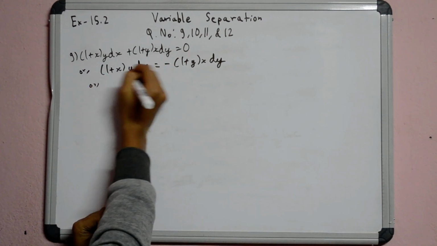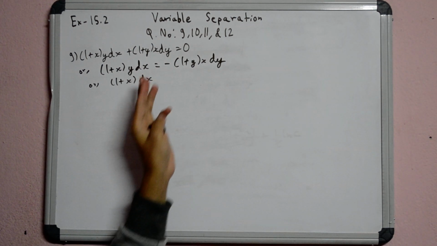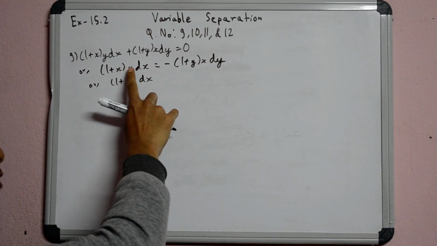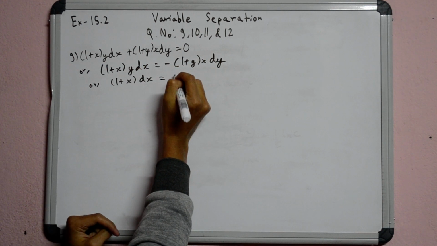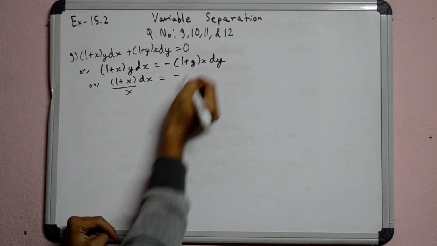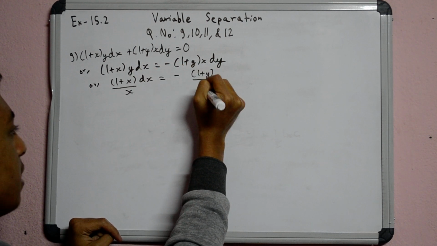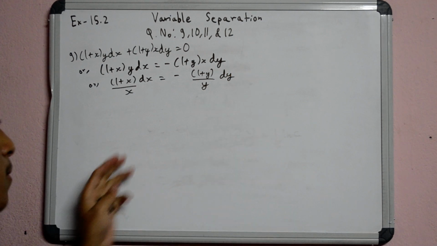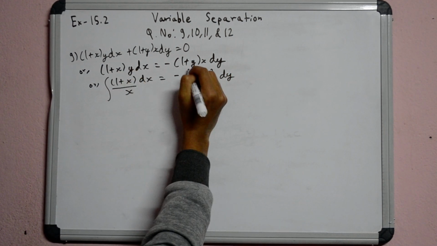So here we have 1 plus x dx, and to do that we will have to put this y over here and this x over here. So this becomes minus, this x goes over here, so this is by x, and this is minus 1 plus y by y dy. And once you have separated the x's and y's, we can simply integrate both sides.